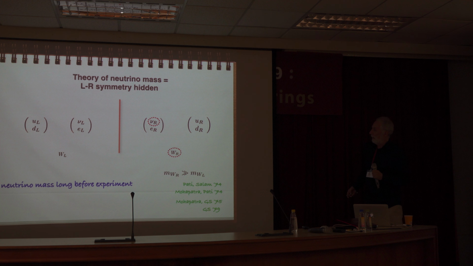The right-handed gauge boson was much heavier than the light ones. And lo and behold, this predicted, obviously, as it would have been in the parity-conserving way, that a right-handed neutrino had to exist, and the neutrino had to be massive. Here you have no way of having a massless neutrino. The neutrino is basically equivalent to the electron.